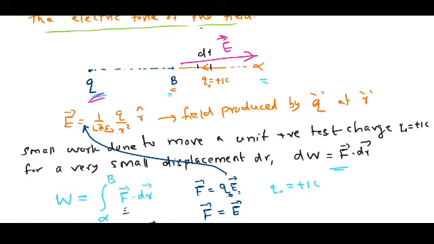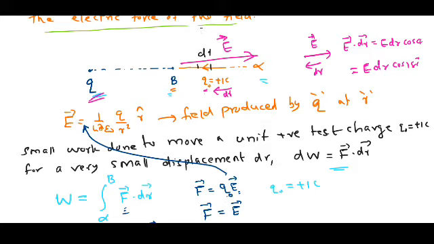But the displacement of the test charge will be along this direction. The electric field is along this direction, and the displacement is along the opposite direction. Therefore, E dot dr means this will be E dr cos theta, that is E dr cos 180 degrees, because here theta is equal to 180 degrees. Therefore, cos theta is minus 1, and this will be minus E dr.